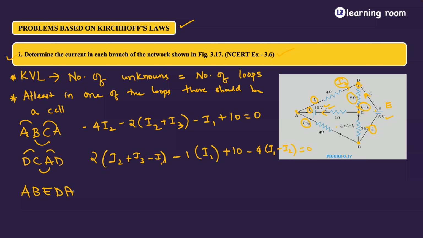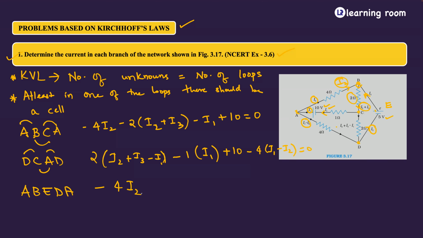You tell me, what am I supposed to write? Correct. Minus how much? I2 multiplied with how much value? What is the resistance there? 4I2. Did you say 4? Okay, I didn't hear, sorry. So minus 4I2.